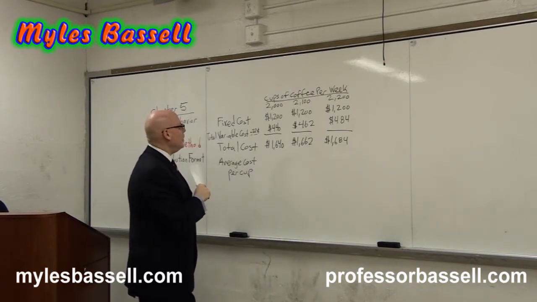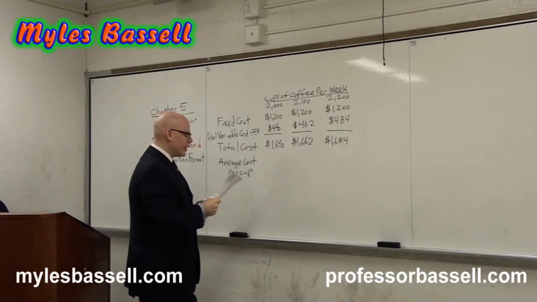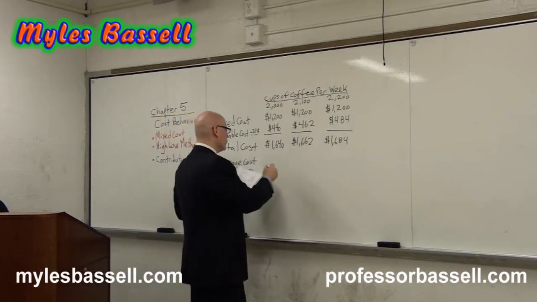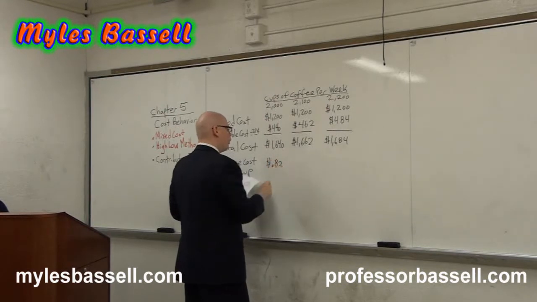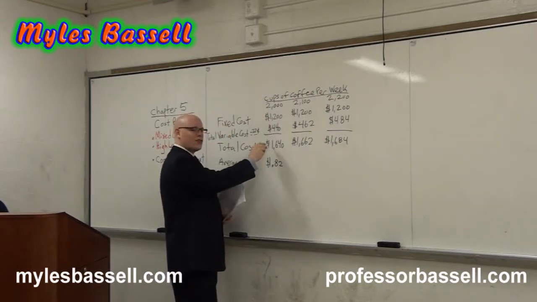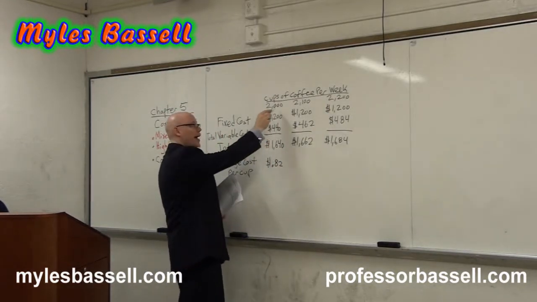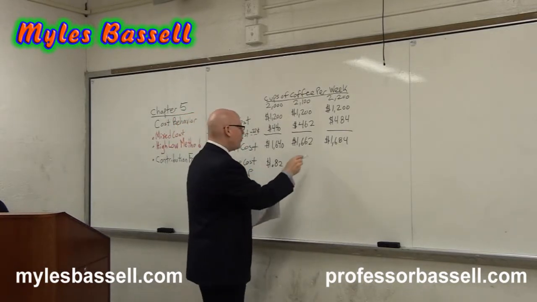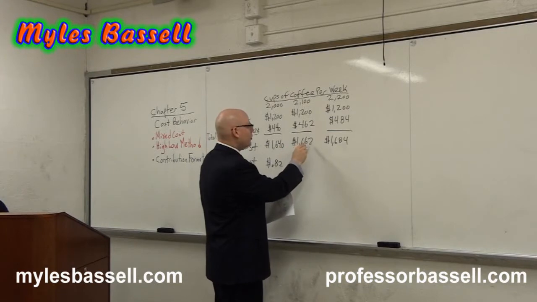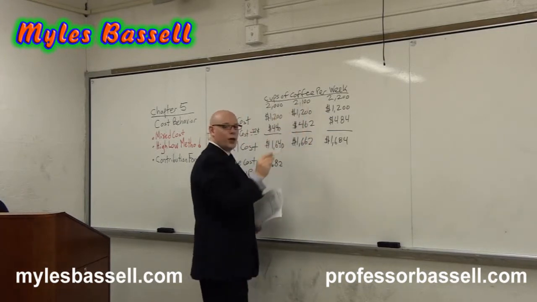So what is the average cost for 2,000 cups of coffee? 82 cents. So what we do is we divide the $1,640 by 2,000 cups. That's 82 cents. Then we divide the $1,662 by 2,100 cups.